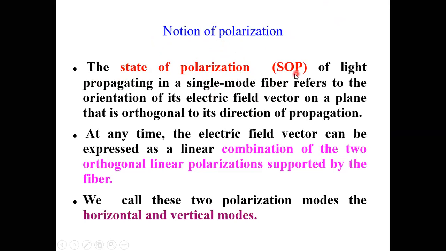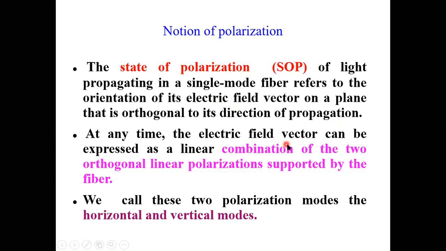The SOP, that is the state of polarization of light propagating in a single mode fiber. So what is the state of polarization? The definition first they are explaining. It refers to the orientation of its electric field vector on a plane that is orthogonal to its direction of propagation. So the electric field vector is orthogonal to the direction of propagation.